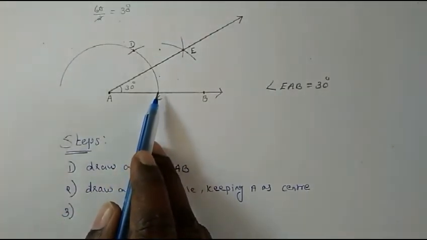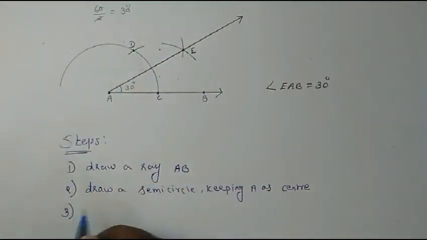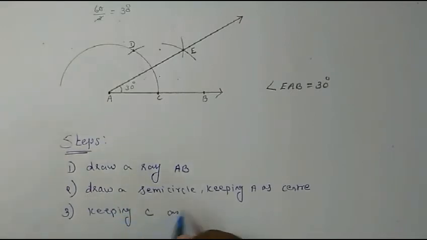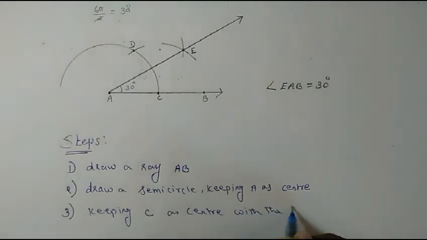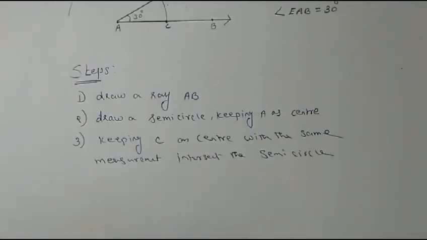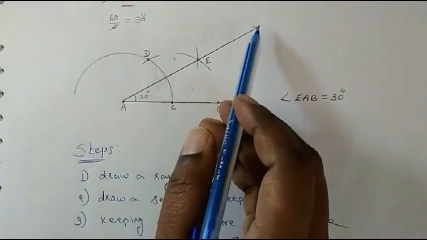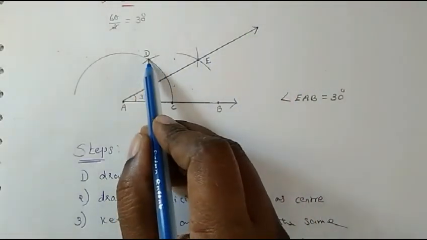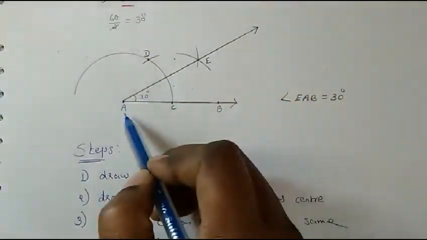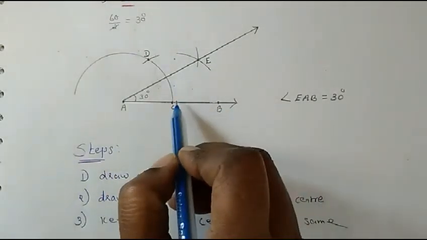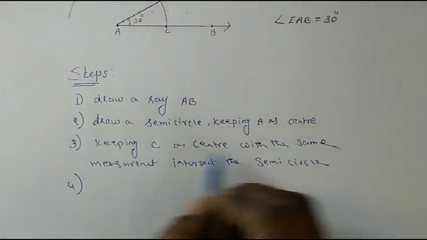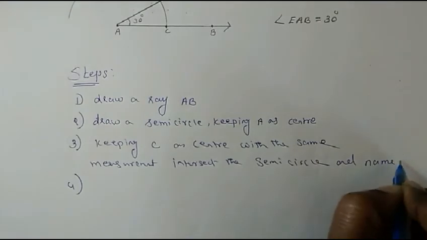Then third, keeping the same measurement, we kept the compass on C, and with the same measurement we intersected this semicircle, and you can name it D. Then we had to draw the angle bisector for angle DAB.